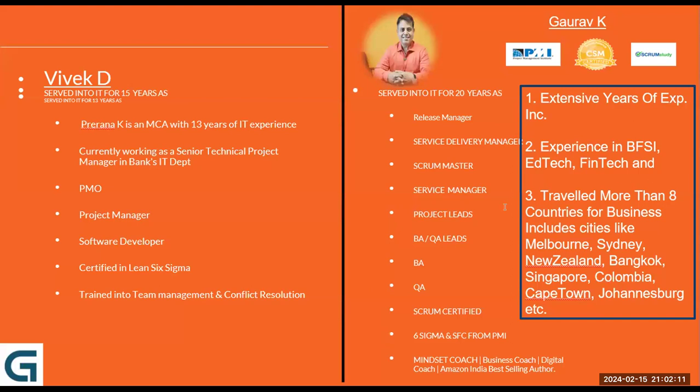I have various certifications from PMI, from Scrum Alliance, Scrum Studies. That was the starting point long ago, and various other certifications as an international trainer when it comes to technical and non-technical training. Apart from this, I am a mindset coach, business coach, digital coach, and an Amazon India best-selling author as well.